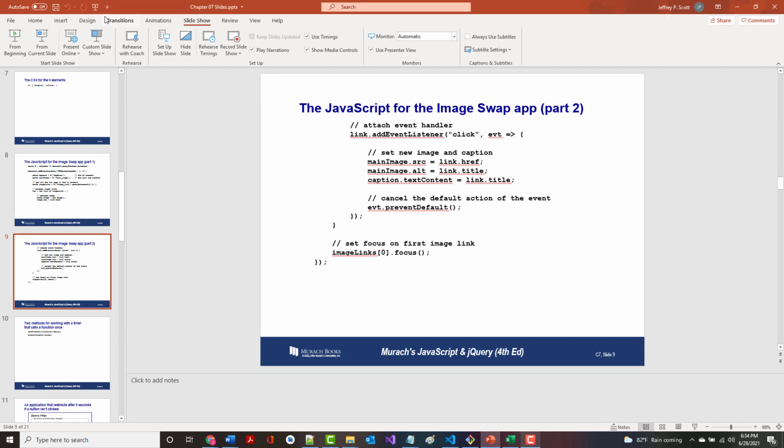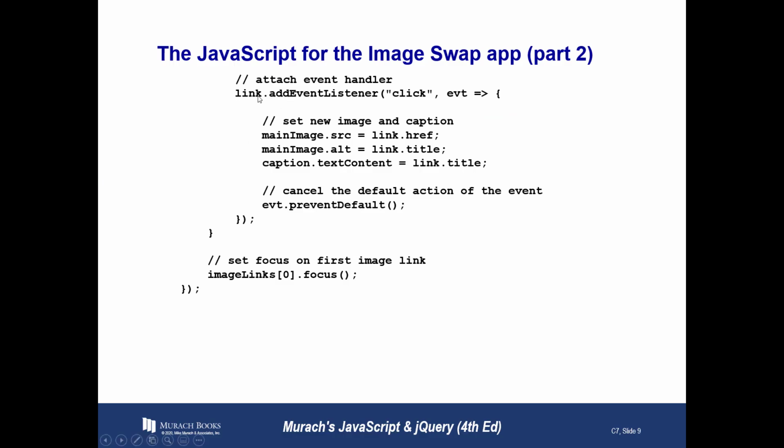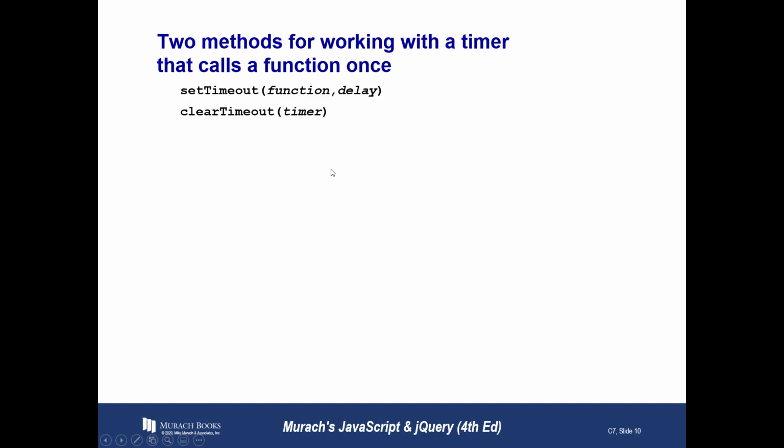After we do that, we're coming in and we are adding an event listener. And basically, for lack of better words, we're setting it up to work the way you think you'd want it to work.